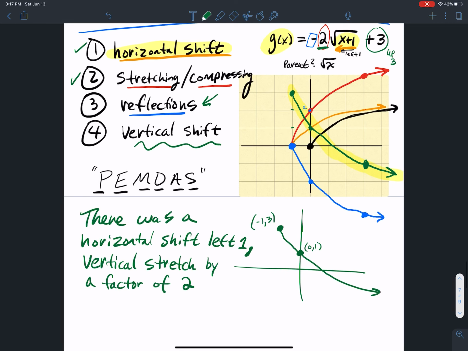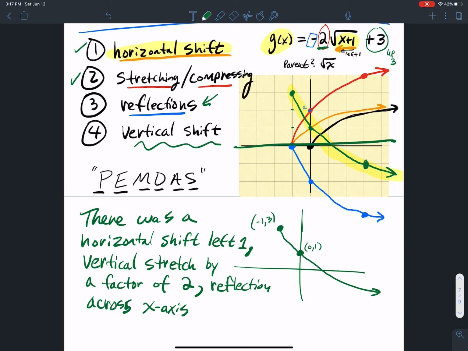So what else do I have? There was a horizontal shift left 1, a vertical stretch by a factor of 2, a reflection across, well, what axis did we cross over? We crossed over the x-axis.